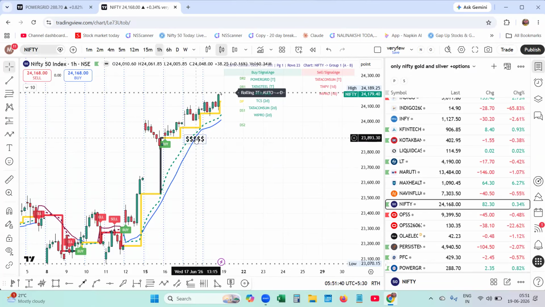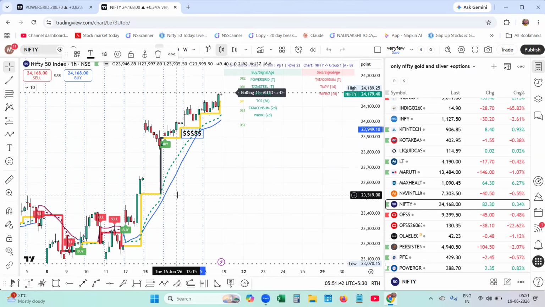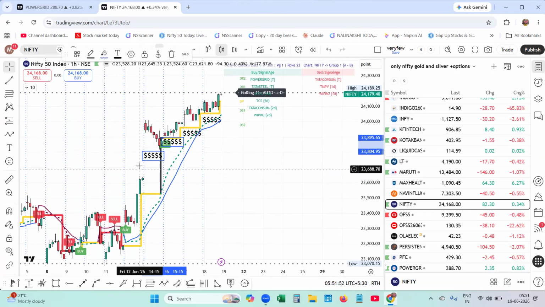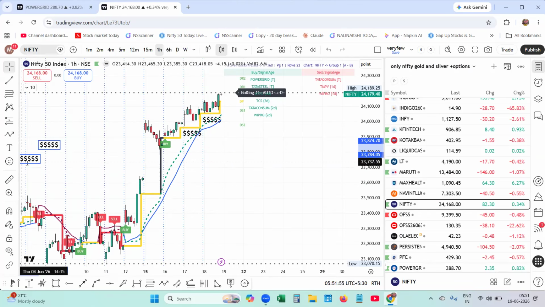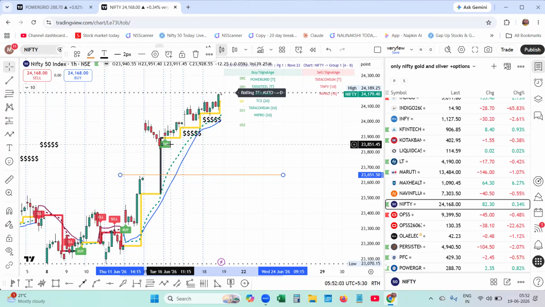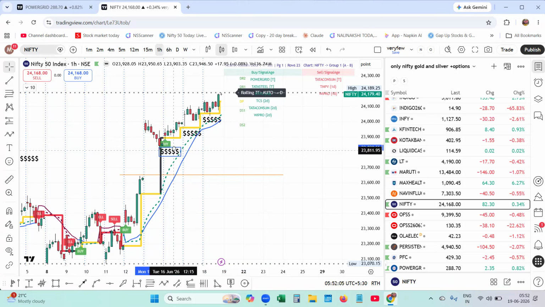Every step, this step, stop losses are there. Okay, stop losses are there. And apart from this is a gap. Gap, stop loss. Let me bring in stop loss.